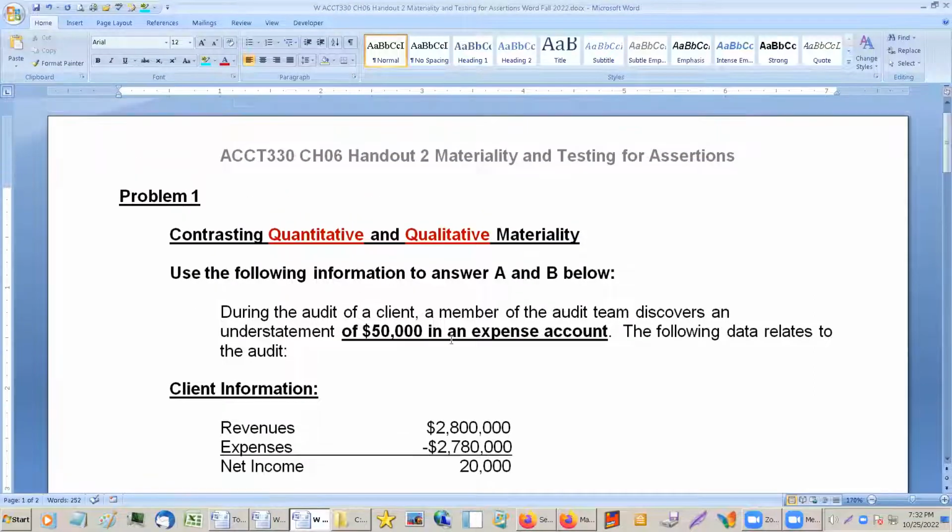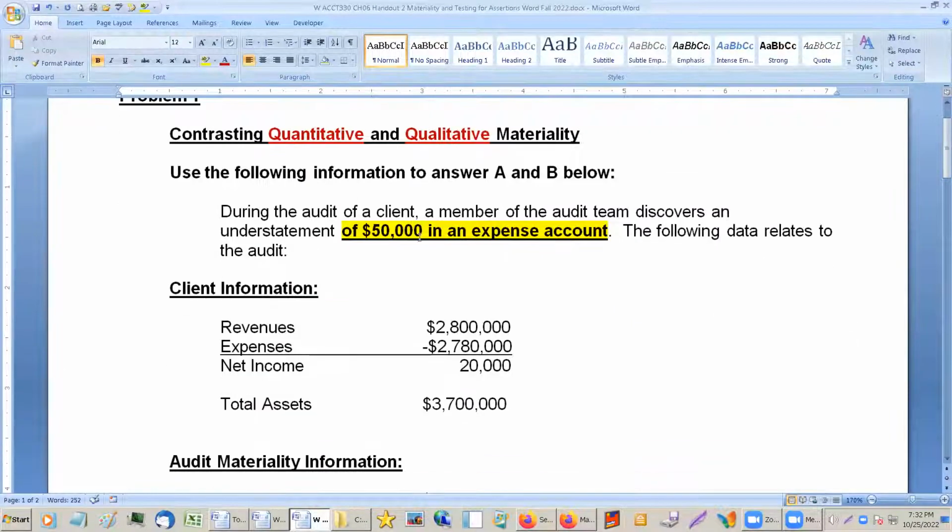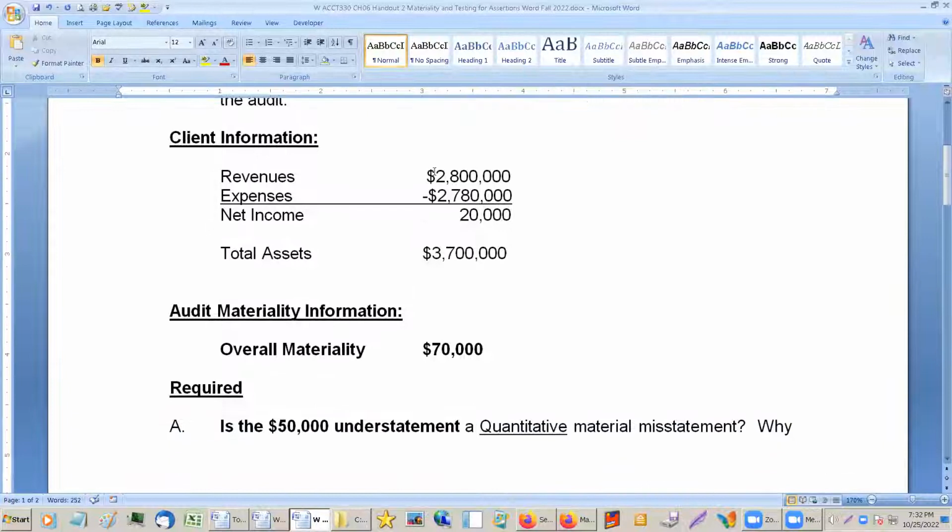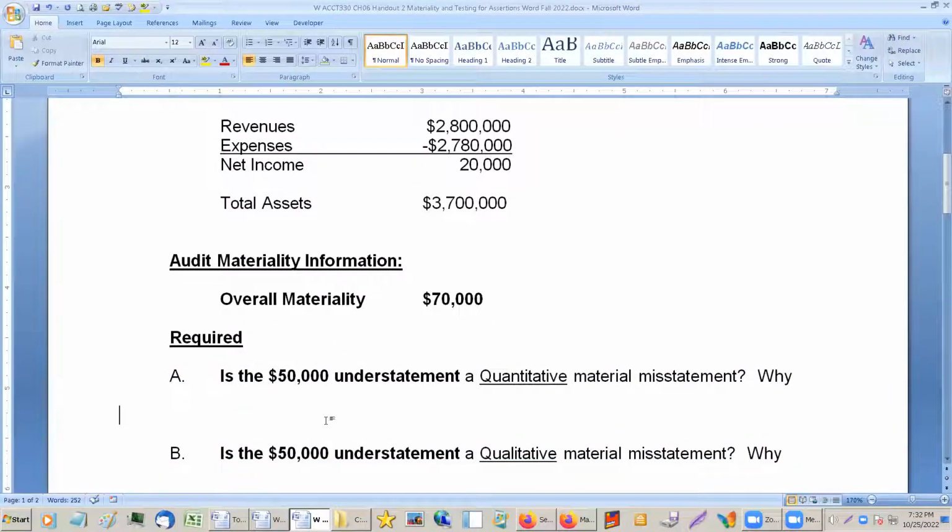Okay, so 50,000. Get yellow. So 50,000 here in the expense account. Quantitatively, dollar-wise, is this materially misstated?